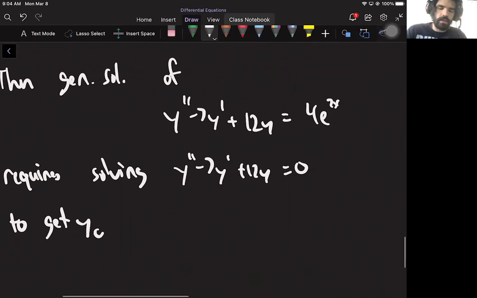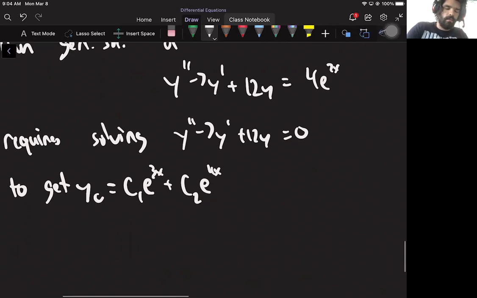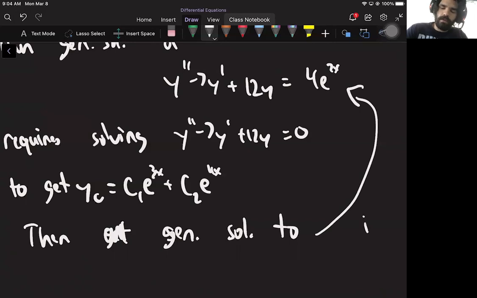If you do it using the characteristic equation, I'm just going to save time since you're experts at that now. You should know exactly how to solve it, and you can check, and this is what you'll get. So then the general solution to the original is y equals yp plus yc.